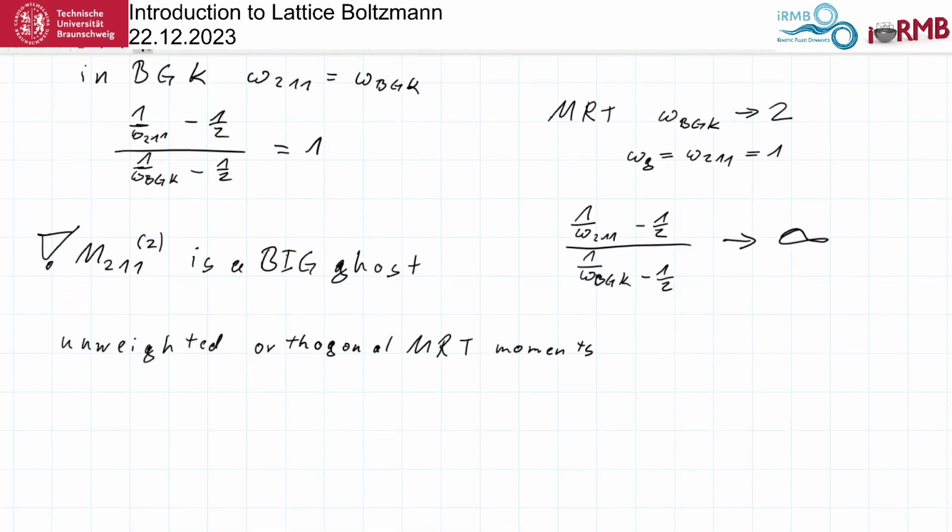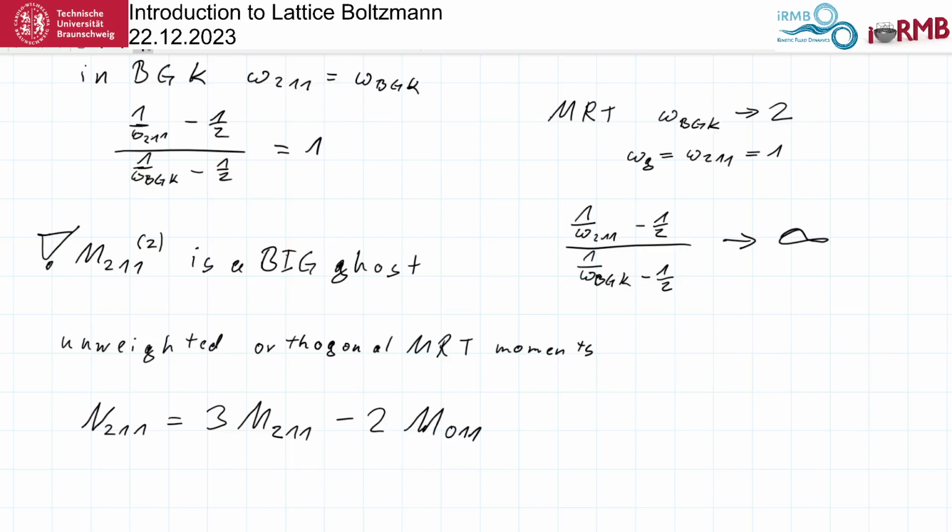And now we have to redefine them. So we'll call this moment now N211, and by making them orthogonal, what comes out, unweighted orthogonal, is 3 M211 minus 2 M011.